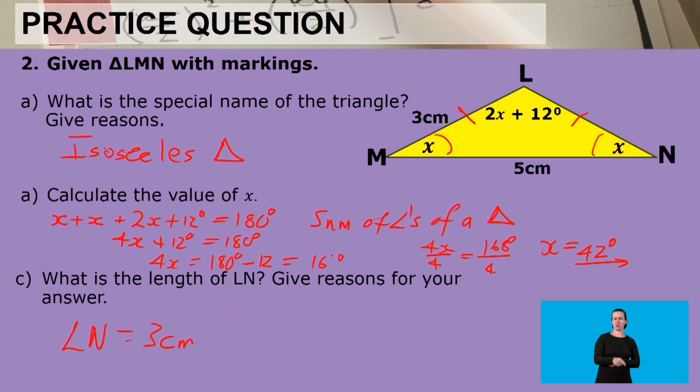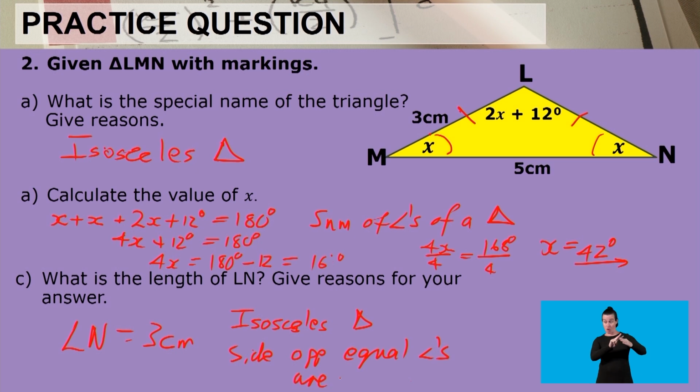And the reason for that is it's an isosceles triangle, where the sides opposite equal angles are equal.